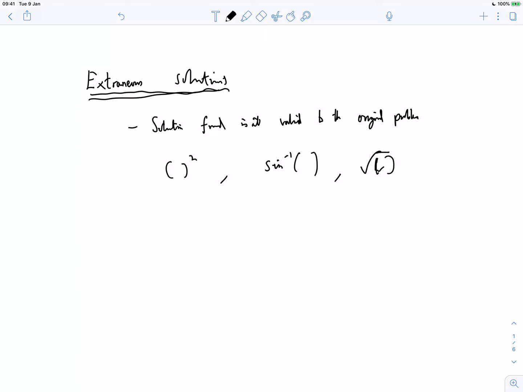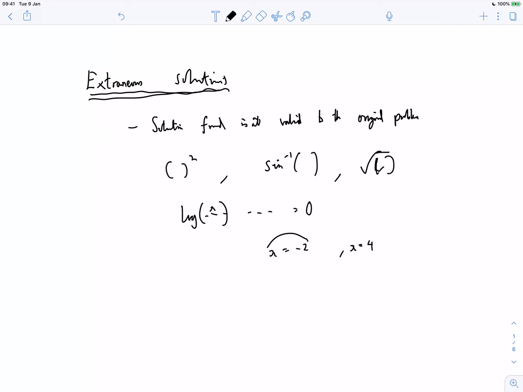I'm sure the typical example would be when you're taking logarithms. For example, let's suppose I've got some logarithmic equation, and these are functions of x's, and let's suppose I work out x to be minus 2 and x to be 4.